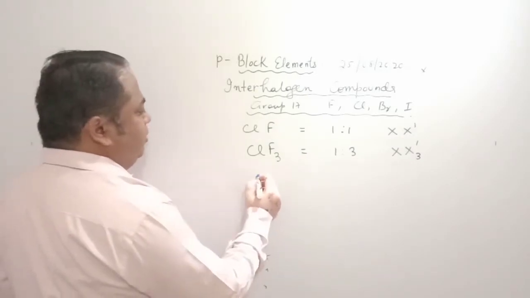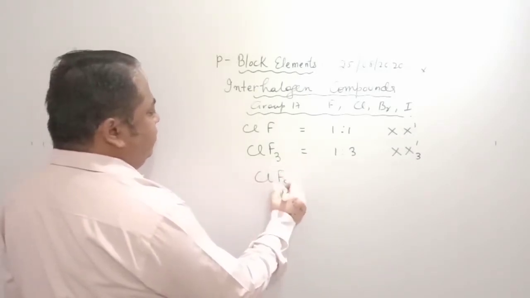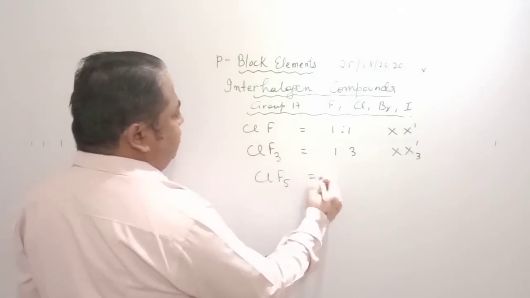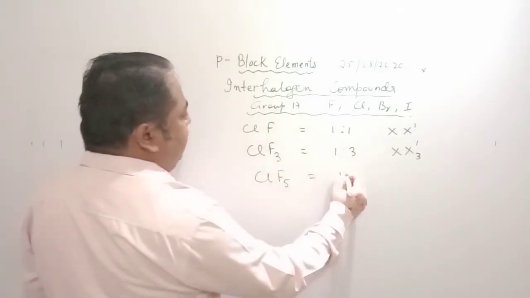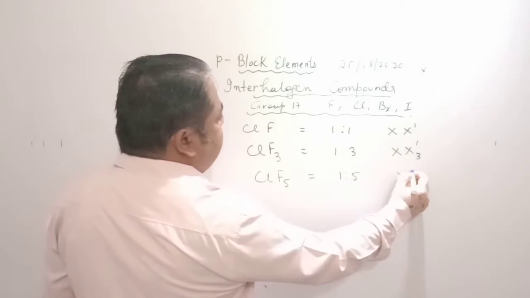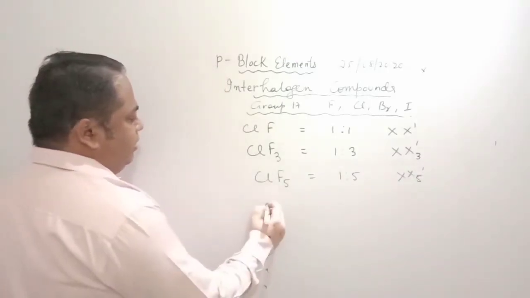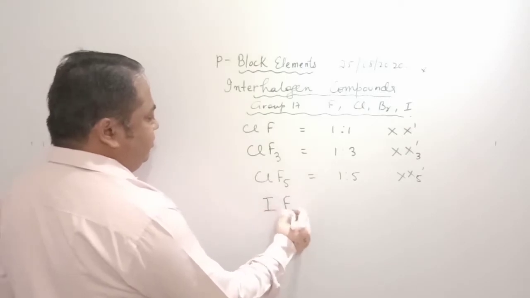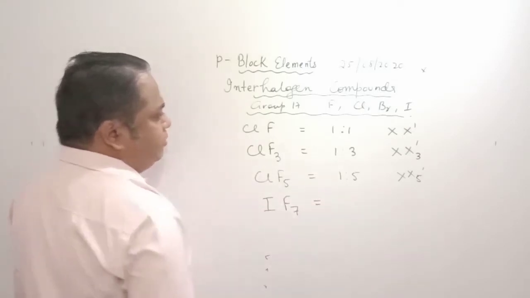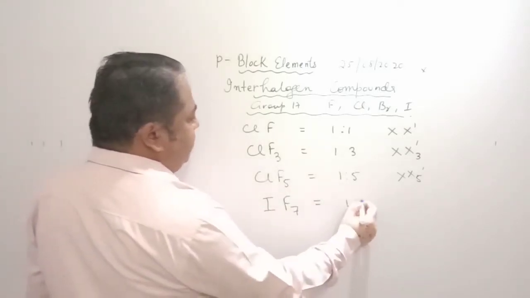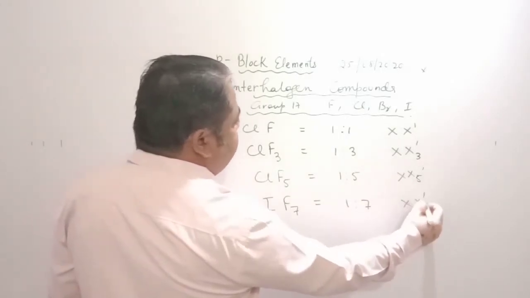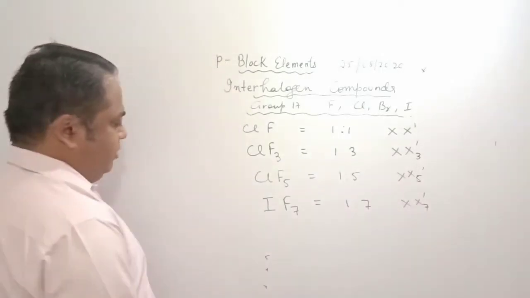It can also form ClF5. So we can write it is 1:5 ratio, and it is XX'5 type. And IF7 will be 1:7 ratio, and it is XX'7 type of interhalogen.